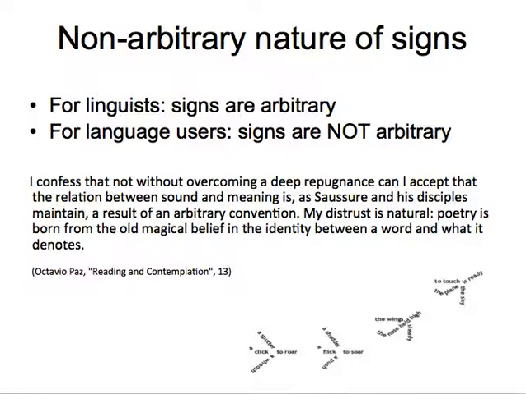I confess that not without overcoming a deep repugnance can I accept that the relation between sound and meaning is, as Saussure, the famous linguist, and his disciples maintain, a result of an arbitrary convention. My distrust is natural. Poetry is born from the old magical belief in the identity between a word and what it denotes. Okay, so that's a very romantic view. It's a non-linguistic view of the relationship of the signifier and the signified.